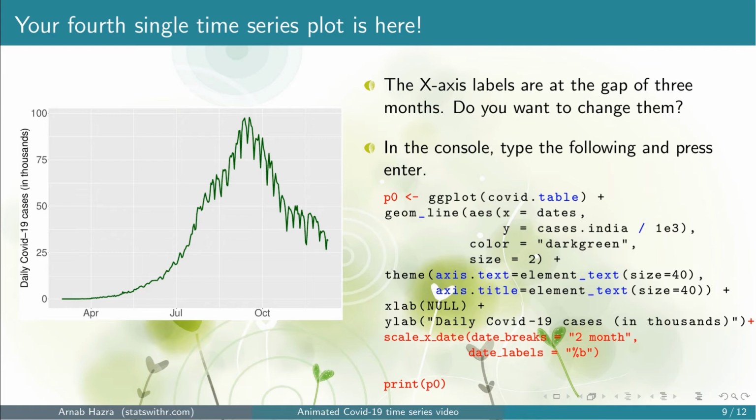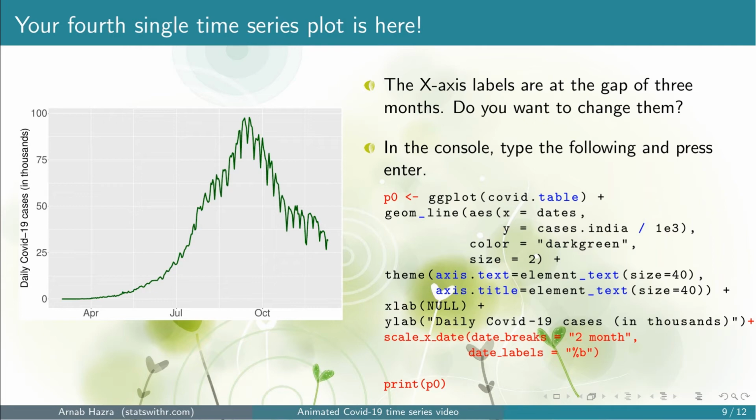The argument date_breaks means the gap you want, and date_labels is about how you want the labels to be plotted. To keep abbreviated month names, we need to set it to %b within quotes. For other options, check the details of the function scale_x_date.